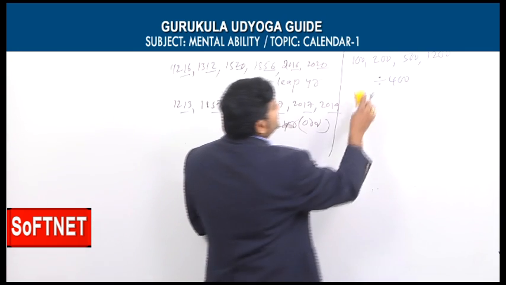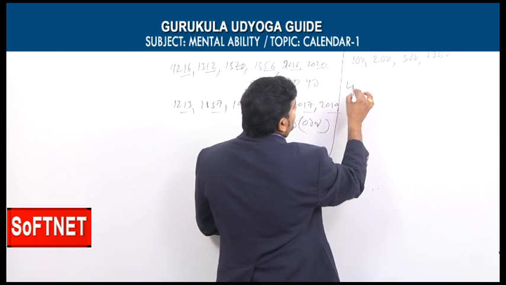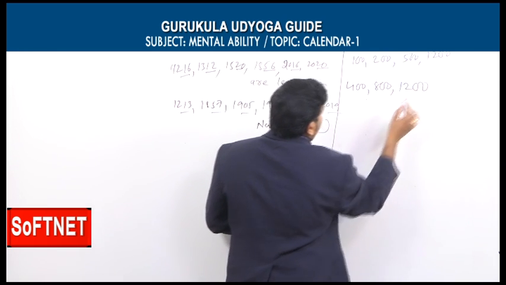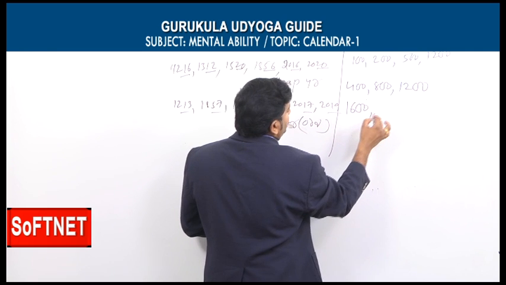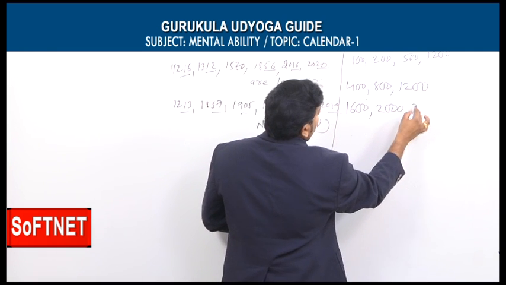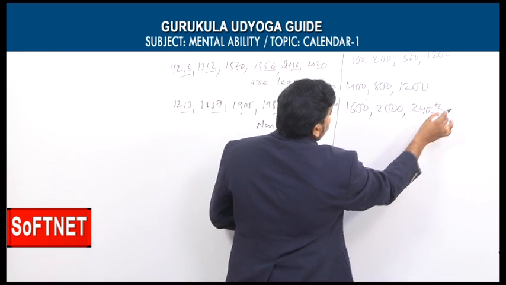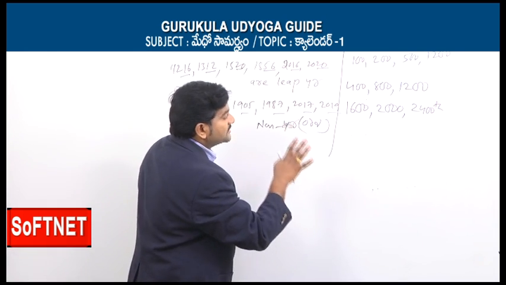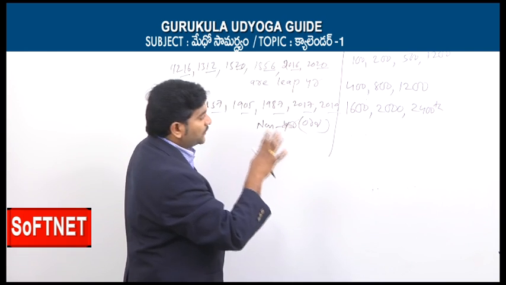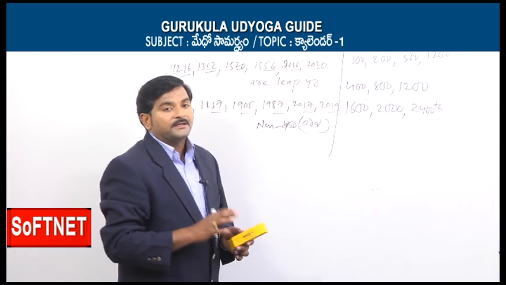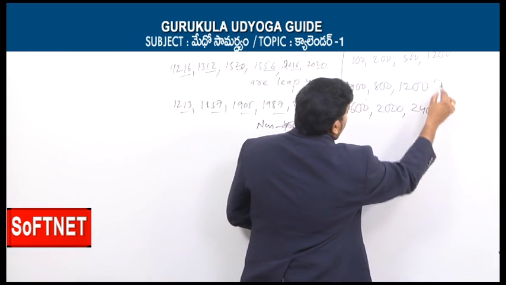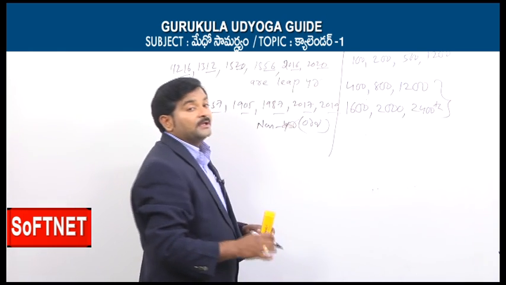The best examples are the 400th year, 800th year, 1200th year, similarly 1600th, 2000 and 2400th year. First of all, all these are century years, and all of them are exactly divisible by 400. That's why these 6 century years are said to be leap years.